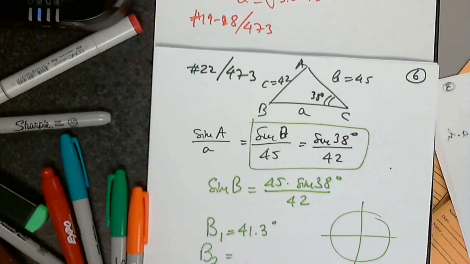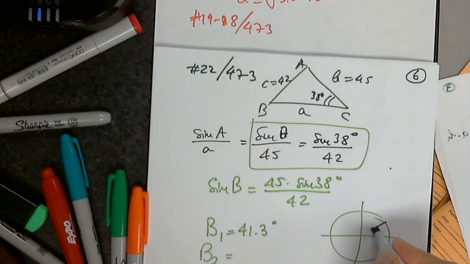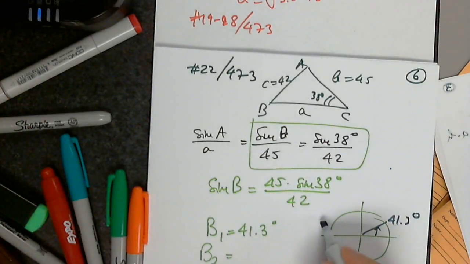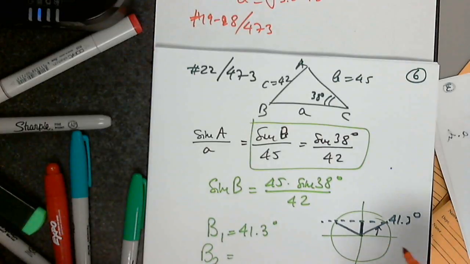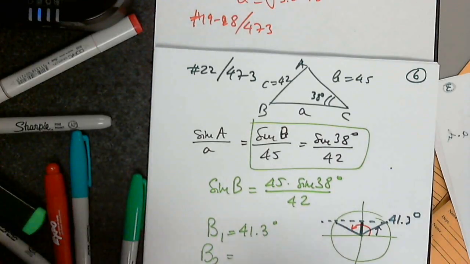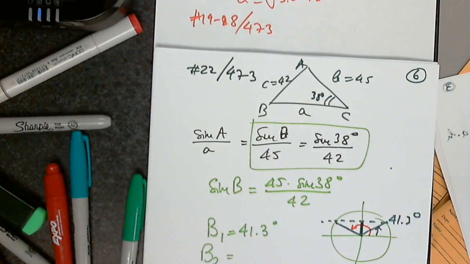But what should B2 be? If this is 41.3 degrees at the same height with the same sine, I have to get this angle, which is a standard angle as well. So what will that angle be?